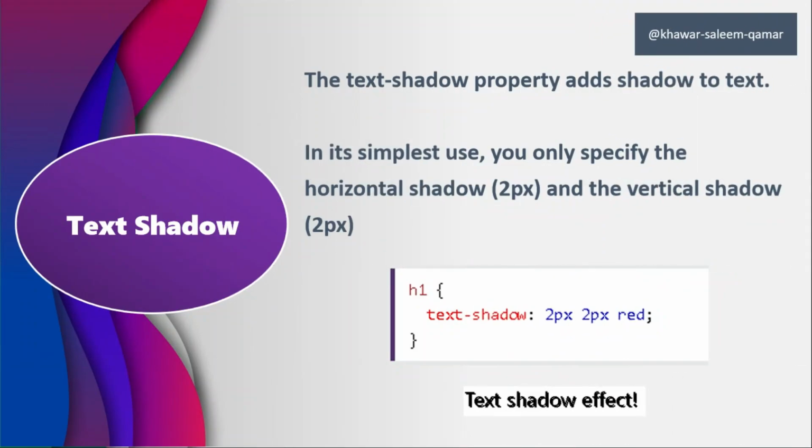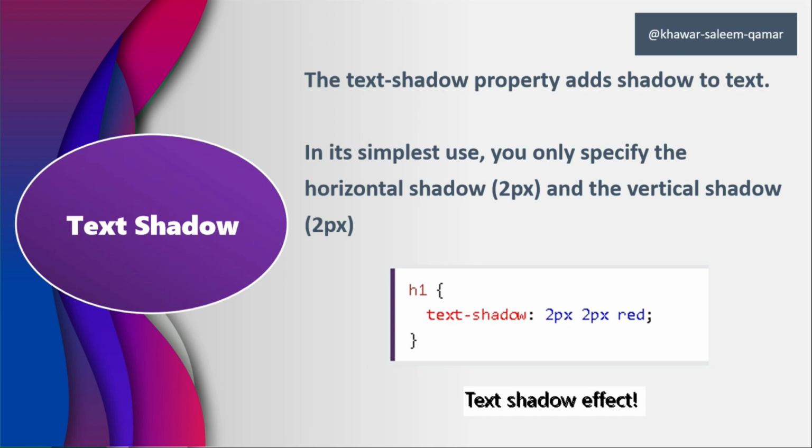So after white space, we come to our next topic, which is the text shadow. What is the text shadow? By text shadow, we mean if we want to decorate the text in such a way that we want its shadow to some extent.